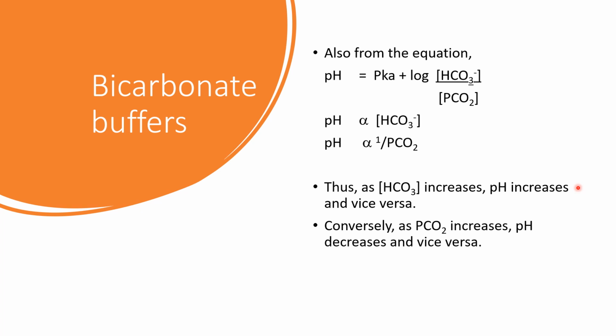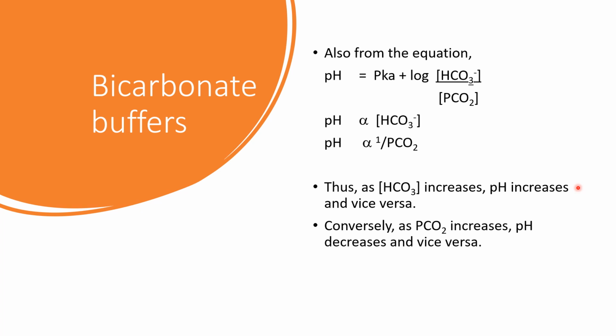So this shows that the pH has a direct relationship with the amount of bicarbonate in the system, meaning that the higher the amount of bicarbonate in the blood, the higher the pH of the body. That will tend to lead to alkalinity.